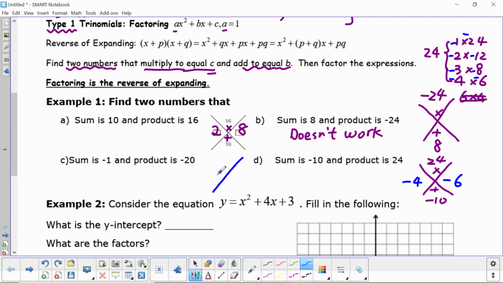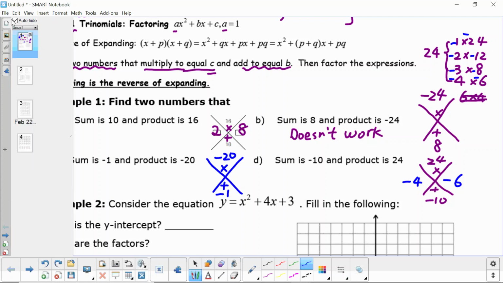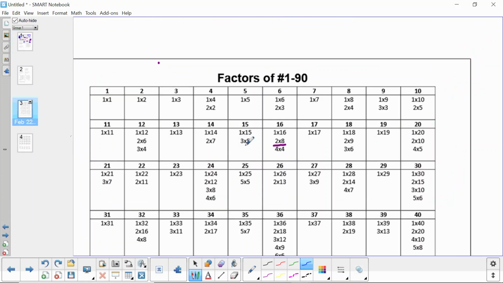Now we are going to take it up. So times together is negative 20, add equals negative 1. And if you couldn't figure it out, then check the factor number sheet.